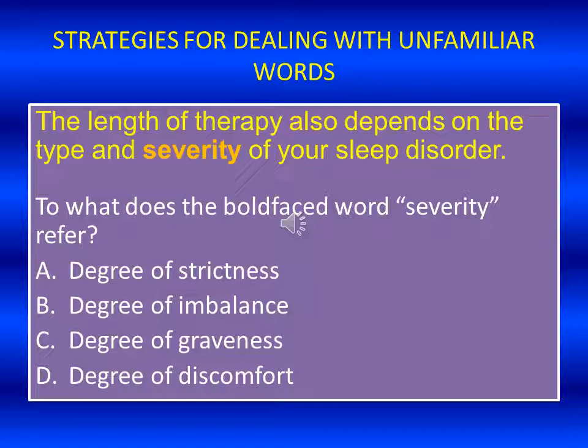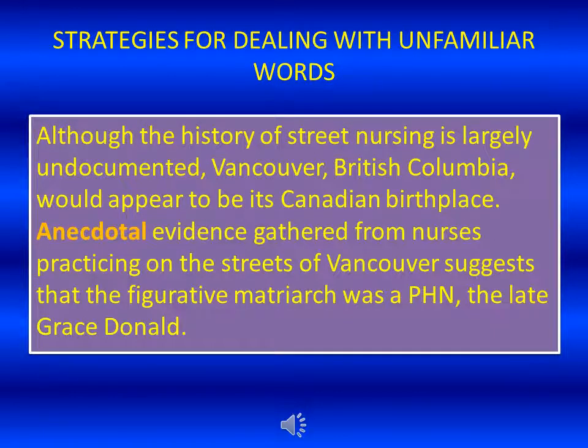So it seems relatively obvious that graveness seems to be the best option. After all, a sleep disorder cannot be strict, but it can be grave, it can be serious. So by using these three strategies, it's not that hard to realize what is the best choice among the four options that you have.